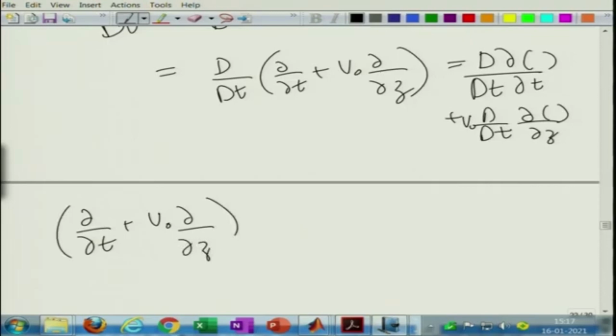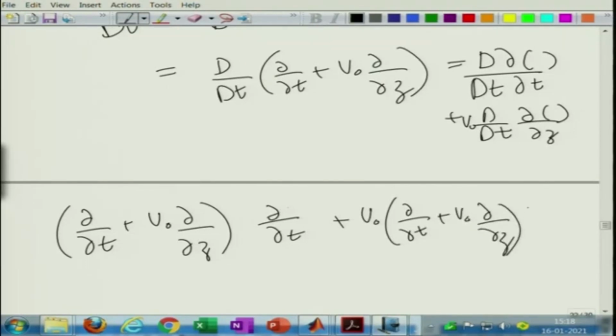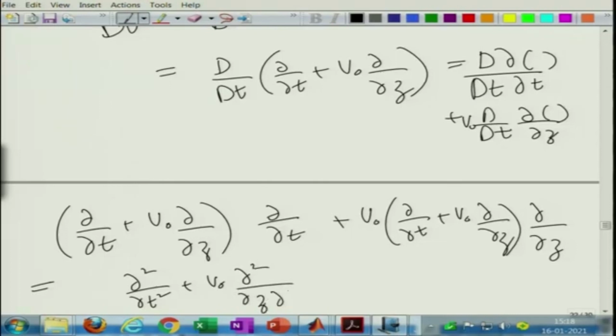So, this is your operator. When you multiply this out, it is del square del t square plus u naught times del square del z t plus u naught times del square del t del z plus u naught square times del z square.